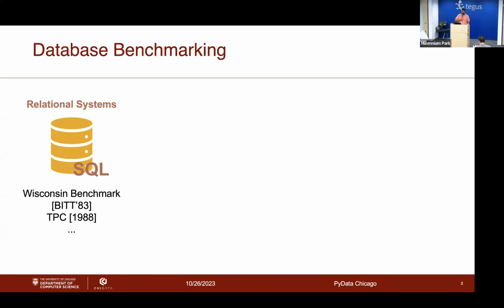Long story short, Wisconsin used to be one of the leaders, and it still is one of the leaders in academic research in databases. They released something called the Wisconsin benchmark in 1983, which was used to give an apples to apples comparison between different database systems.